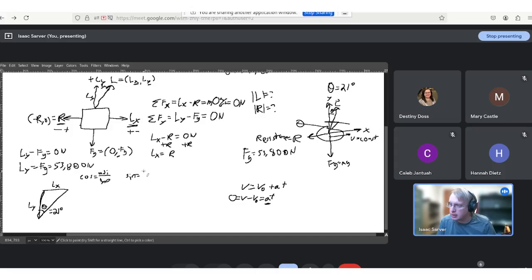Sine is opposite over the hypotenuse. And then tangent is opposite over adjacent, right?